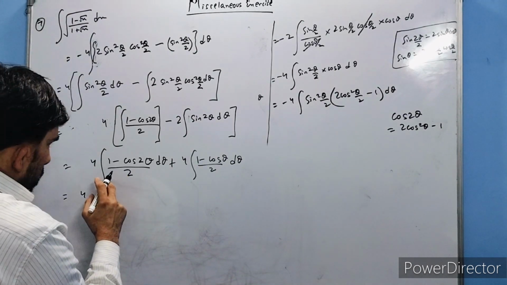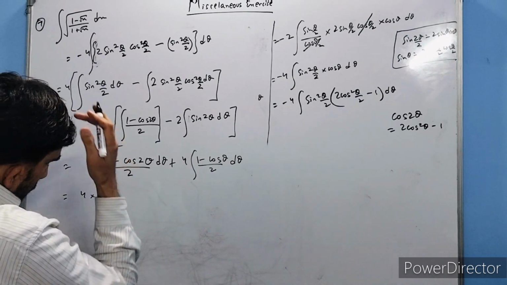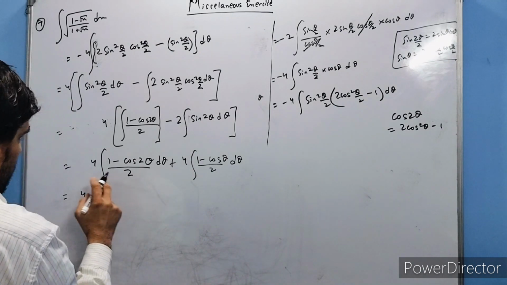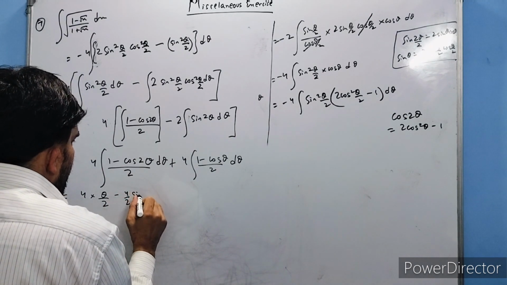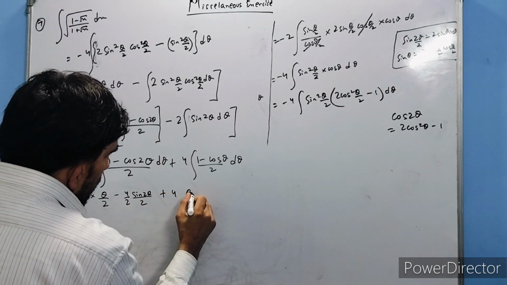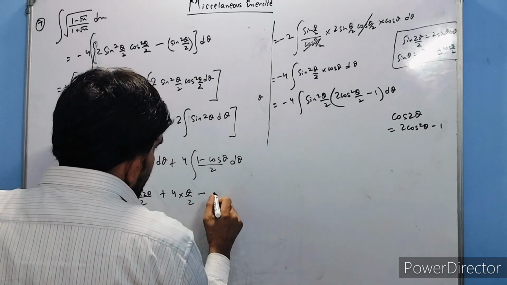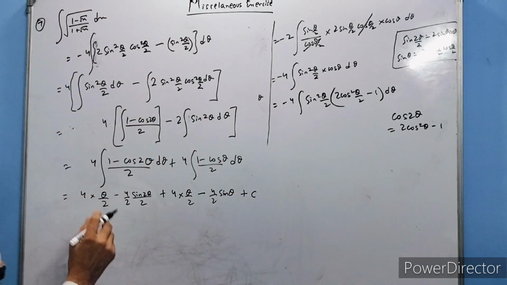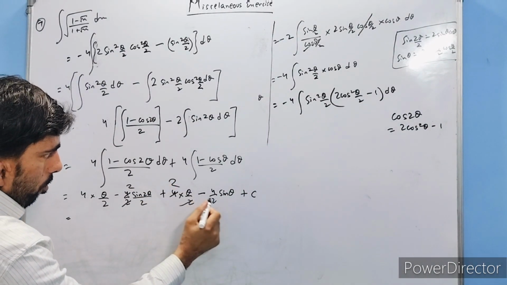Then we multiply inside minus 4 upon 2 and sin 2 theta by 2, plus here also theta by 2, so theta by 2 into 4, minus 4 upon 2 sin theta plus c. By solving this we get it will be 2.